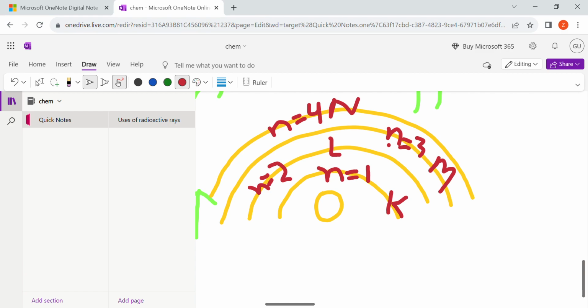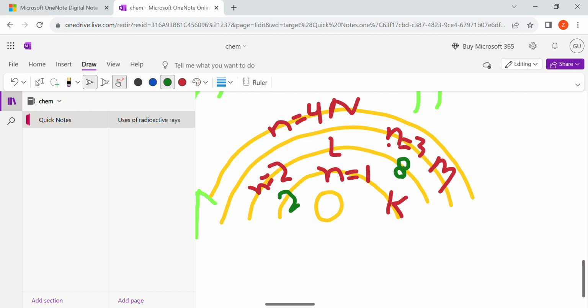Can I ask you what is the number of electrons present in this K shell? That is 2. And in L we have 8 electrons present.